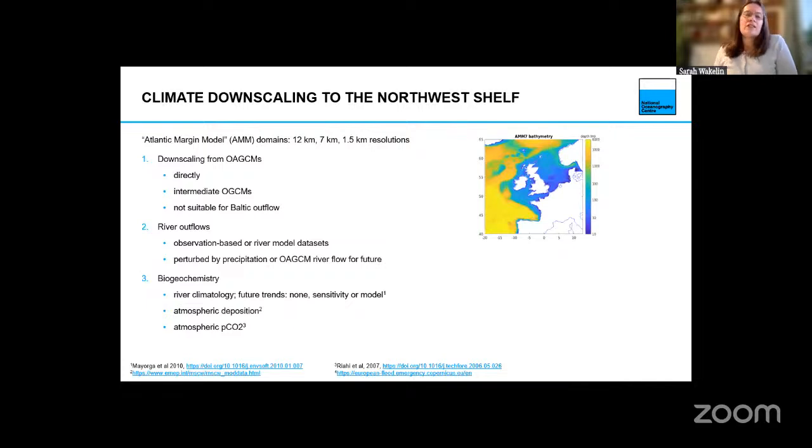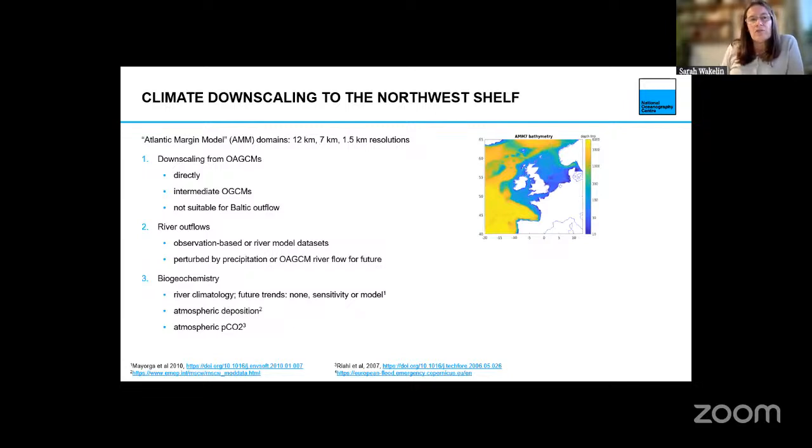Just to introduce the modelling that we've been using, basically we've used a range of these Atlantic margin models at various different horizontal resolutions, from 12 kilometres to 7 kilometre resolution, and our current work is being undertaken at the relatively high 1.5 kilometre resolution.